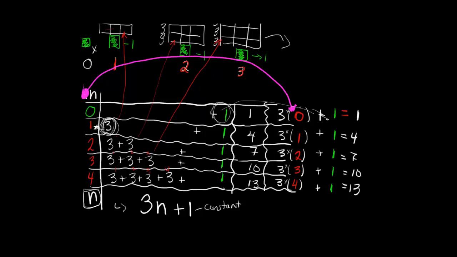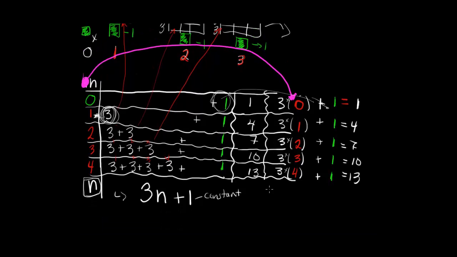Okay, now what that's going to look like if we draw a regular t-table, we will notice that we have 0, 1, 2, 3, and we have 1, 4, 7, 10. You're looking at how you get from 0 to the value.